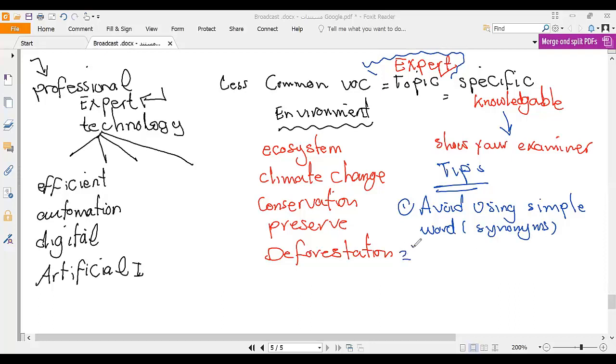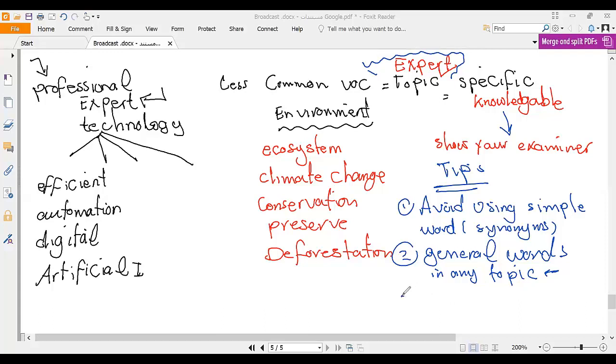Number two, avoid general words, because general words don't show specifically that you are knowledgeable and expert. These general words can be used in any topic, but we need to see that you can use specific, specialized, certain words in a certain topic.